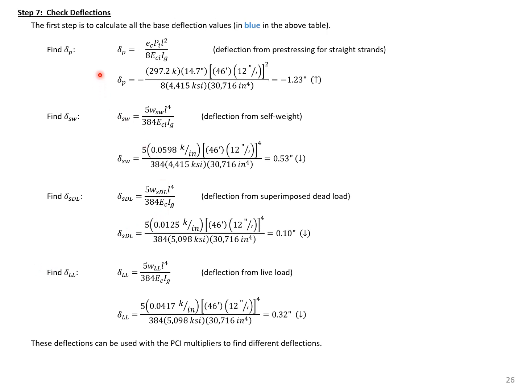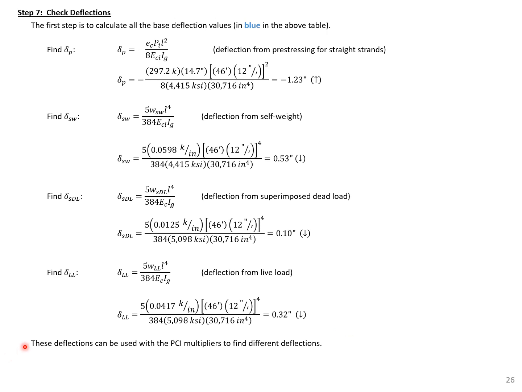Plugging in these values, we have a pre-stress deflection of negative 1.23 inches, which in my sign convention means it's an upward deflection. Our self-weight deflection is 0.53 inches down, superimposed dead load 0.1 inch down, and our live load deflection 0.32 inches down.